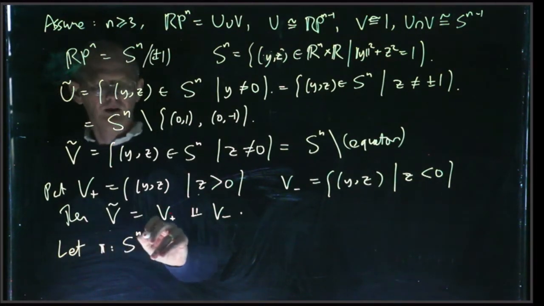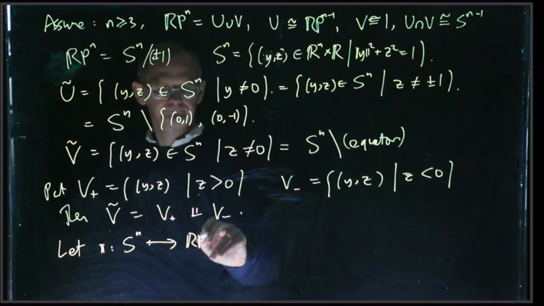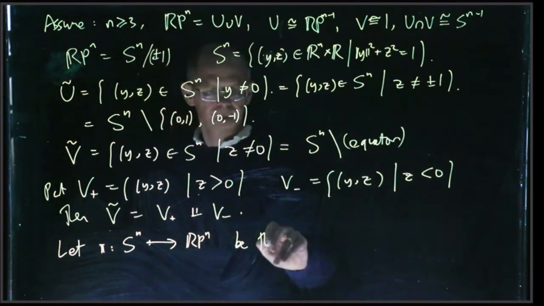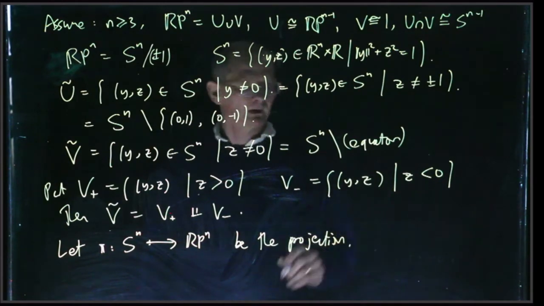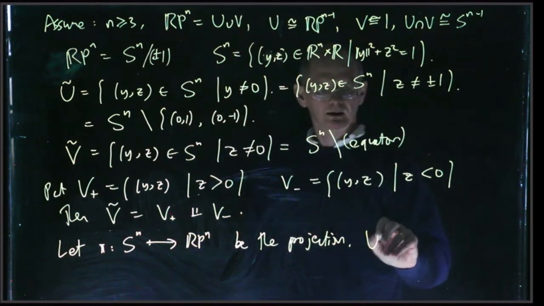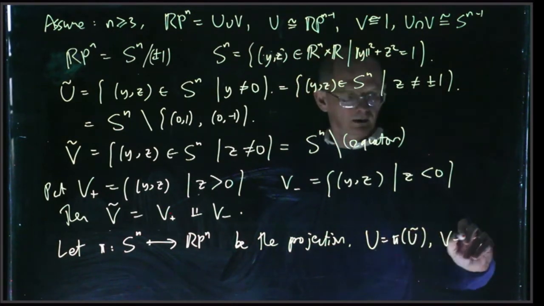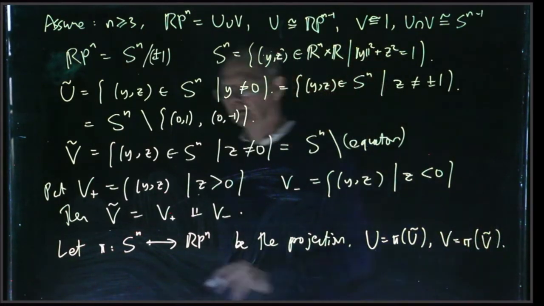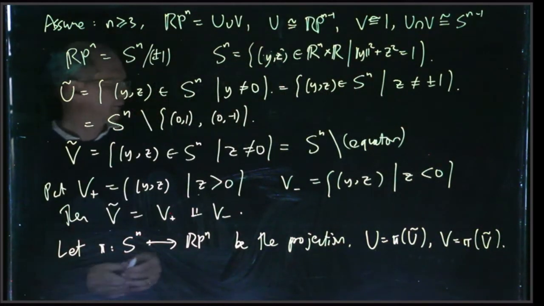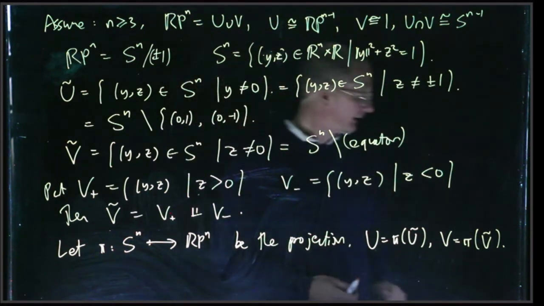So let pi from S^n onto RP^n be the projection. And U is pi of U tilde, V is pi of V tilde. Okay, so these are the sets that we need to deal with.